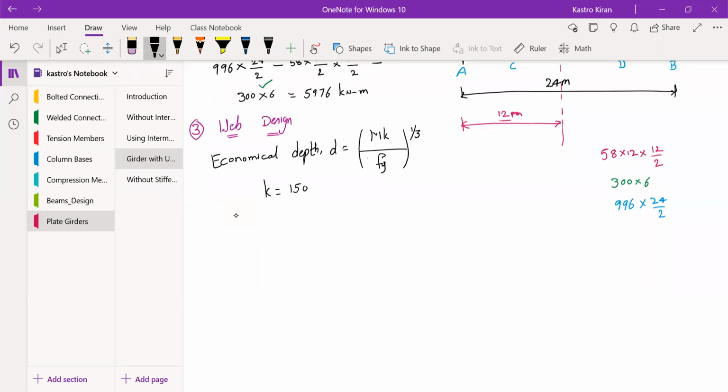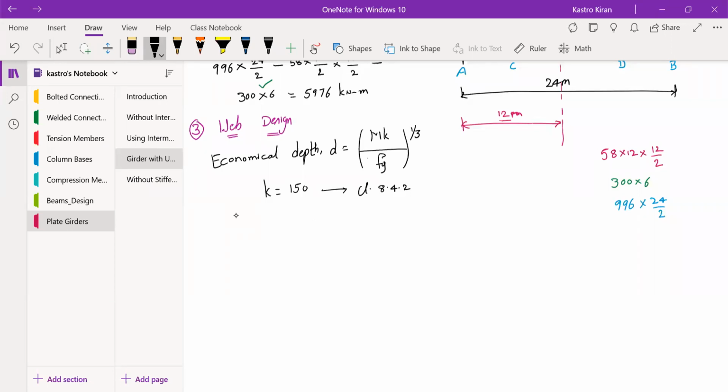If you refer clause 8.4.2 of IS 800/2007, when you are avoiding the transverse stiffeners, you can use the value of K as 150. I have said already, in this problem, we are going to design the end bearing stiffener, not the intermediate transverse stiffeners.